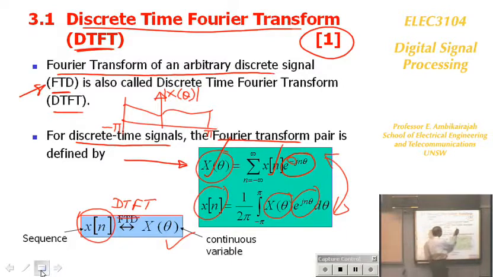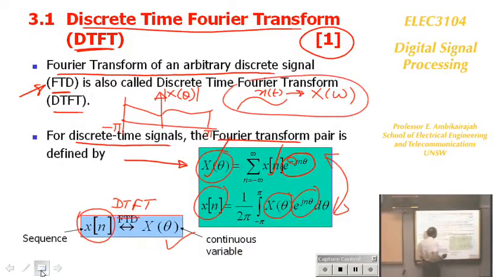Whereas if you have an analog signal x(t) and you take the Fourier transform X(omega), they are discrete in nature. But anyway, leave that for a moment, without confusing anything. Let's go for this. So X(theta) is a continuous variable. So this is theta.